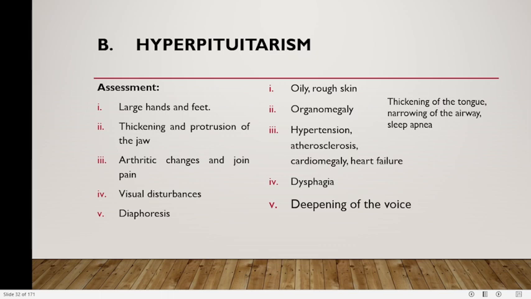What about hyperpituitarism? Hyperpituitarism, excessive hormones, is characterized by large hands and feet, thickening and protrusion of the jaw, arthritic changes and joint pain, visual disturbances, diaphoresis, oily, rough skin, organomegaly, hypertension, atherosclerosis, cardiomegaly, heart failure, dysphagia, deepening of the voice, thickening of the tongue, narrowing of the airway, and sleep apnea.